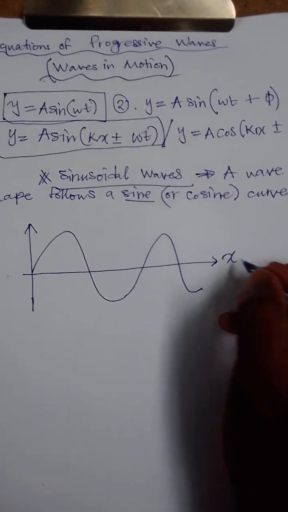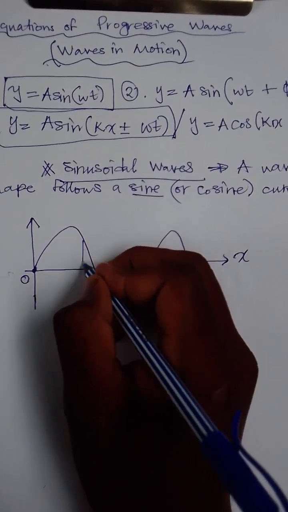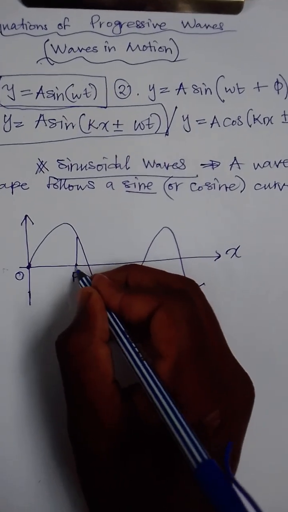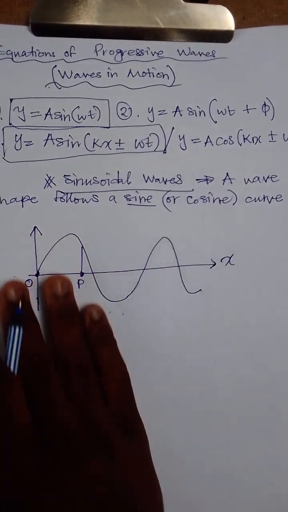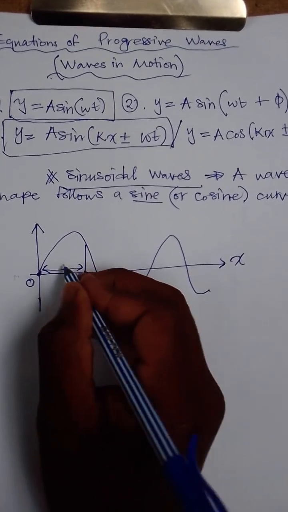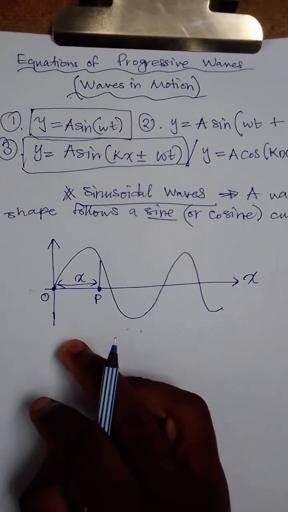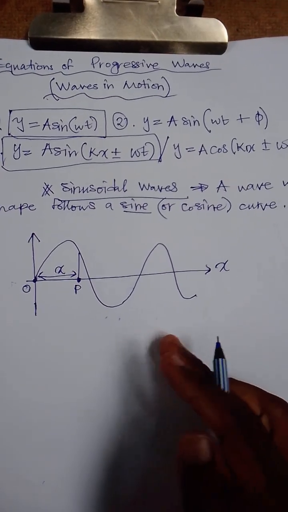So x, there is a point O here and some point B here. Yeah. So this is a sinusoidal wave. Yeah. So now I need to show you the formulas.